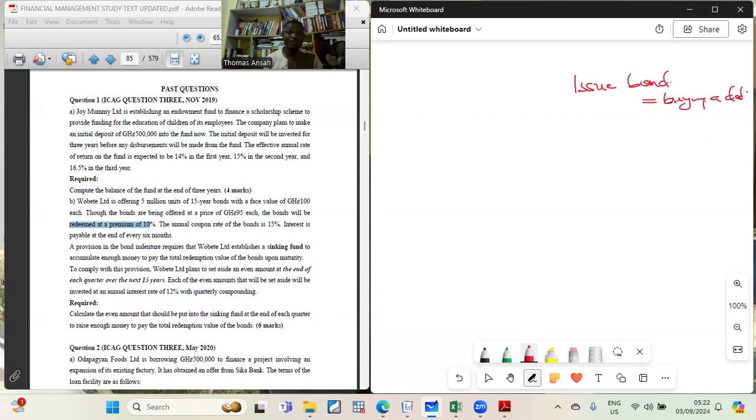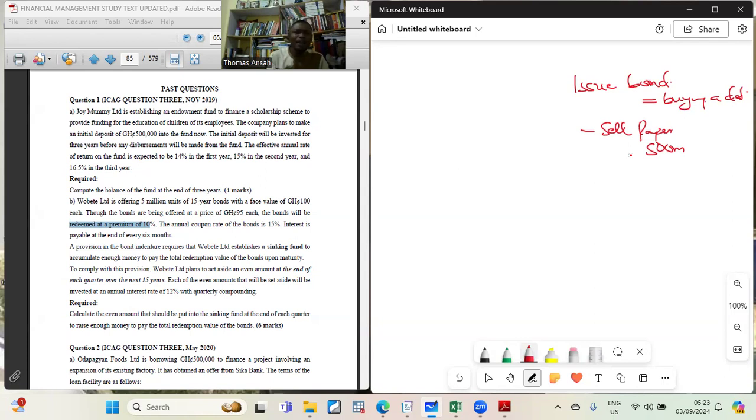So what the government is basically doing is that he is selling a commitment. What does he mean by selling a commitment? It means that he's selling just a paper to you, a paper on which the commitment is based. Now, the paper says that come and buy from me, in this particular example, something that is 500 million, so that I will owe you. Buy a paper that says that I will owe you 500 million. That is the meaning.